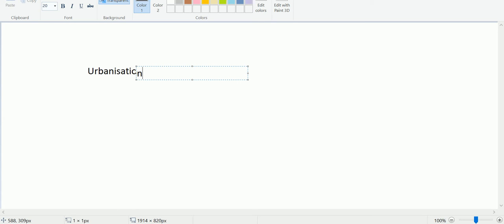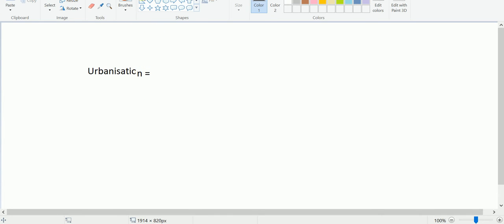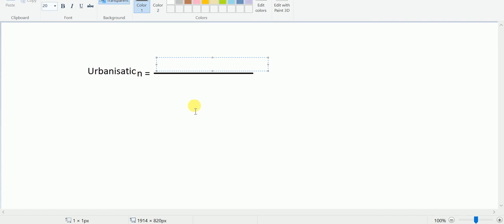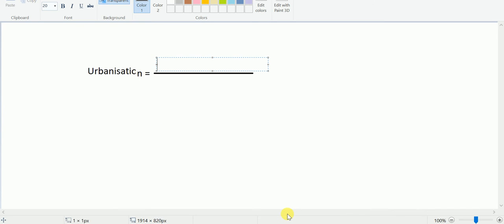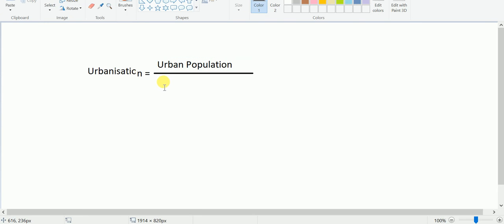Okay, urbanization, what to do? We have to divide what? Urbanization. Here, according to the definition given here, we have to find out the percentage of urban population to the total population.